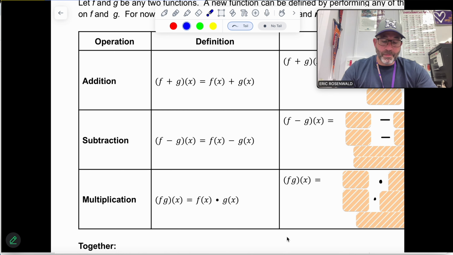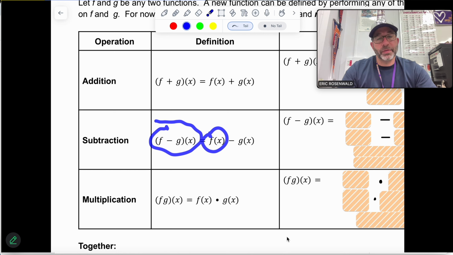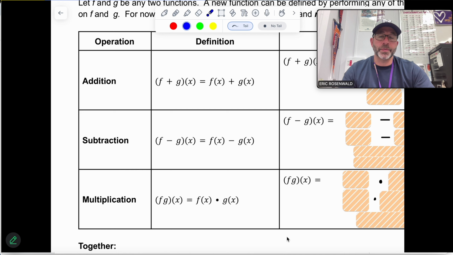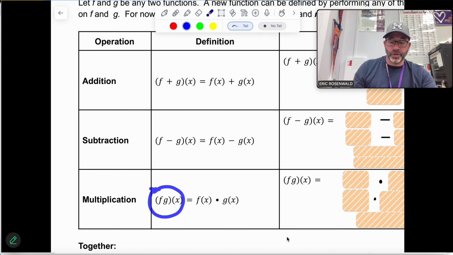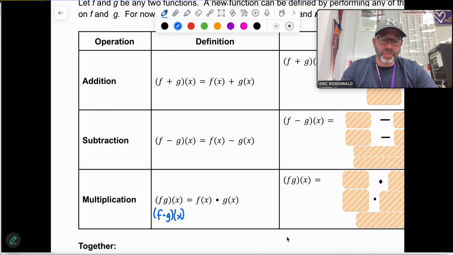When we look at f minus g of x, that's f of x minus g of x, so we're just subtracting the two functions. And when we have multiplication, we have fg of x, which sometimes you'll see as fg, sometimes as f times g of x. So you'll see it as both. What this implies is that we're going to take the two functions and multiply them together.